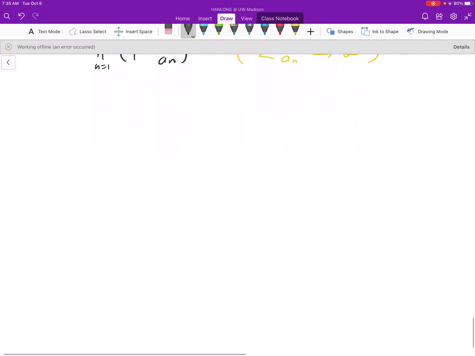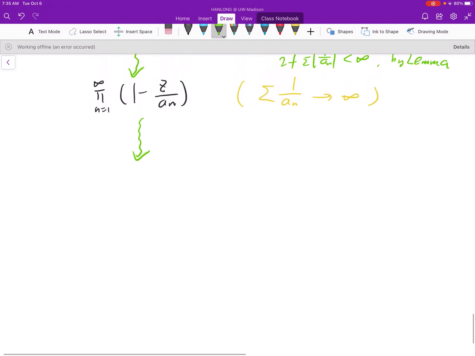Okay, then to deal with this problem, the idea is instead of 1 minus z divided by an itself, we try to multiply by some function which decays very fast.